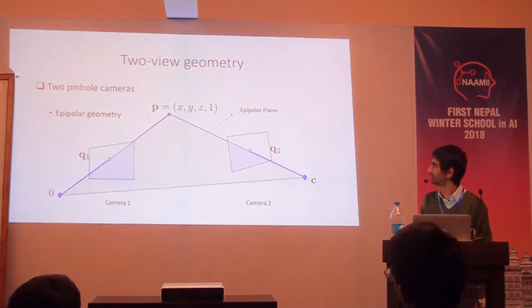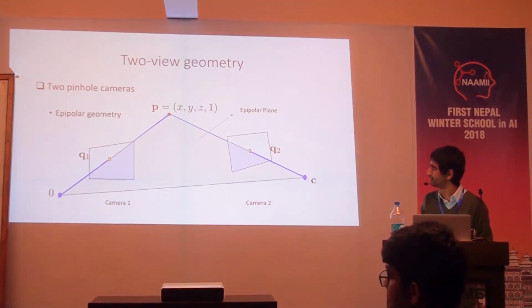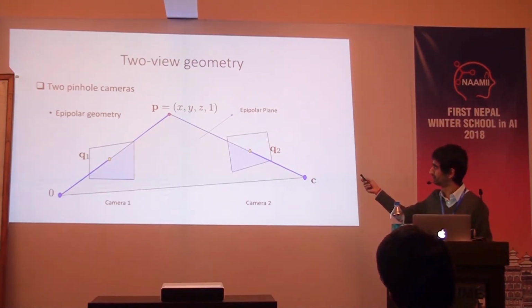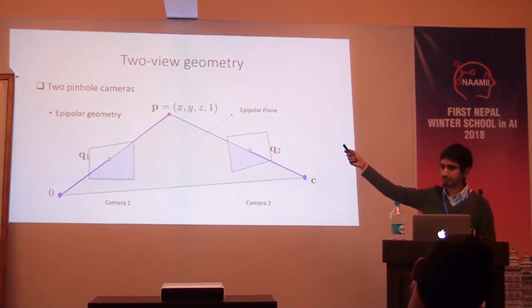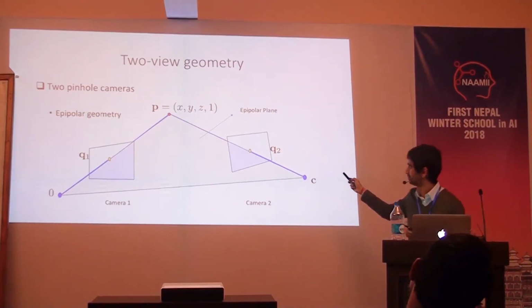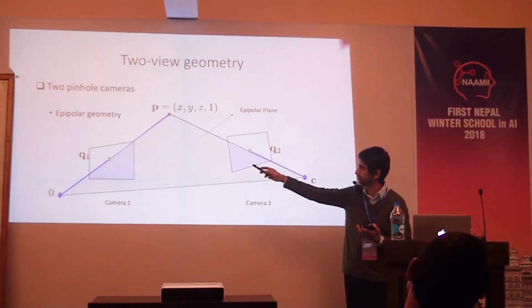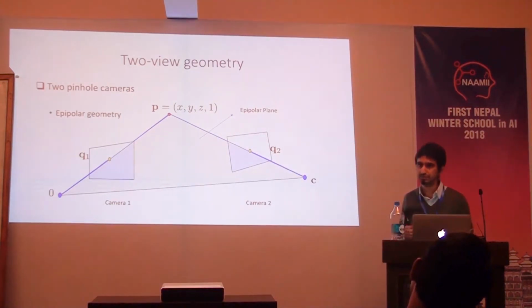So what happens is that you have a plane here passing through the two centers and the 3D point. And this plane passes through the points of the projections, right?